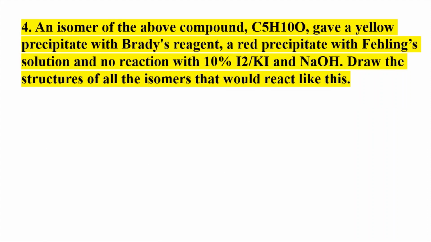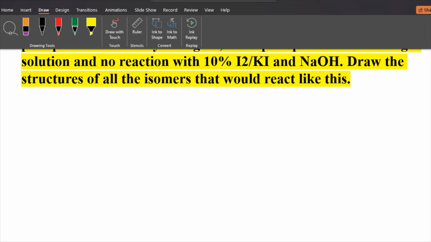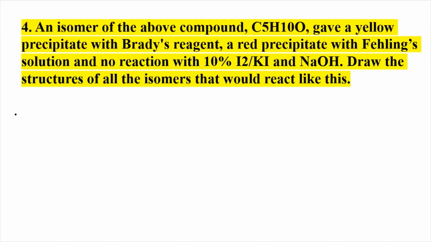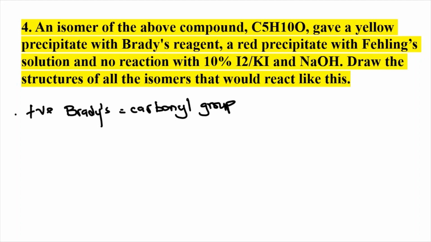Number 4, an isomer of the above compound gave a yellow precipitate. So they're telling us again that the Brady's test is positive. So meaning there is a carbonyl group in this compound. We've established that. And they're telling us that there's a red precipitate with Fehling's solution.